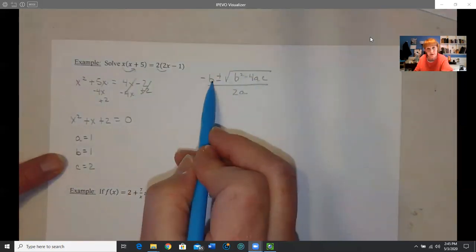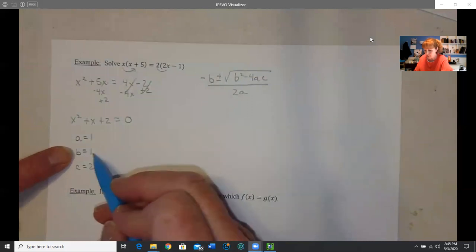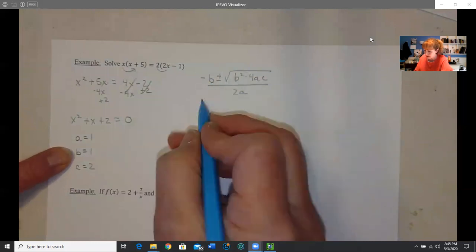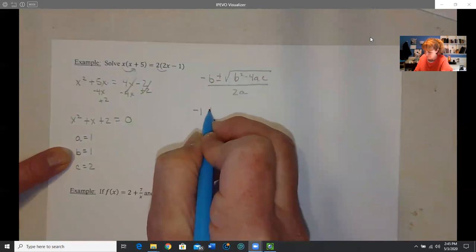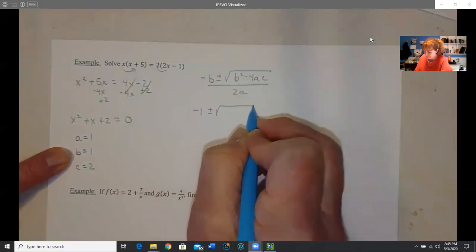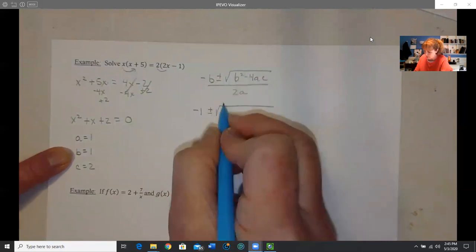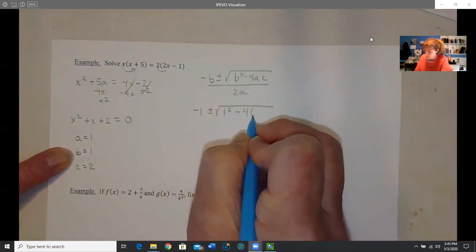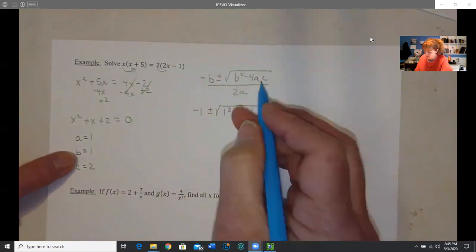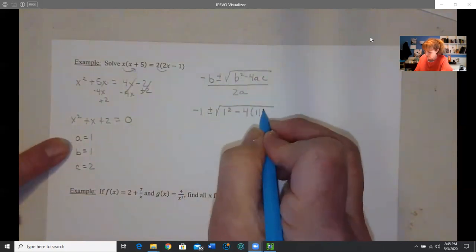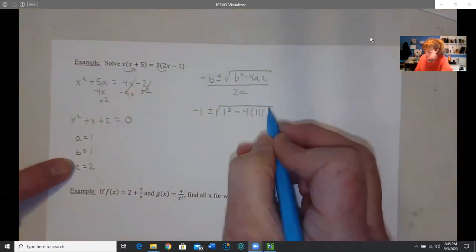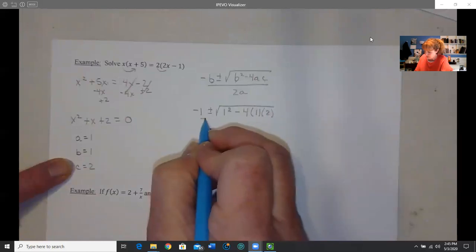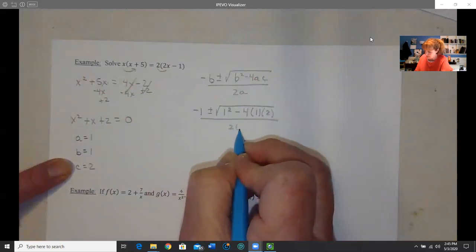Let's substitute our numbers into the formula and reduce. We're going to take the opposite of b, and b is a positive 1, so the opposite of b is a negative 1. Now we're going to square the 1, minus 4 times a, which is 1, times c, which is 2, all over 2 times 1.